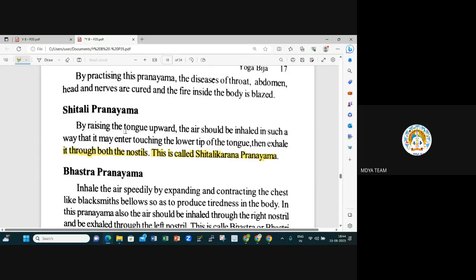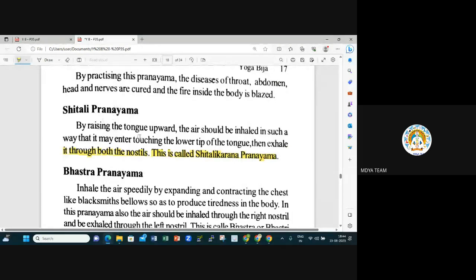So in Sitli pranayam, what you need to do here, you need to raise the tongue upward. Okay, what do we need to do in the normal Sitli pranayam? Can anyone explain to me in the normal Sitli pranayam, what do we practice? Rolling the tongue. Roll the tongue. But here nothing is taught about rolling.